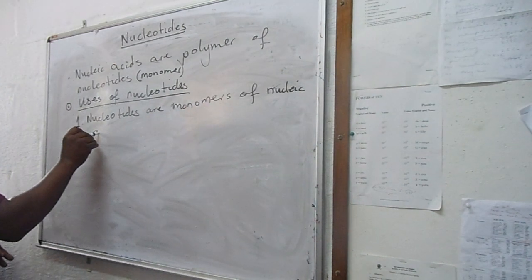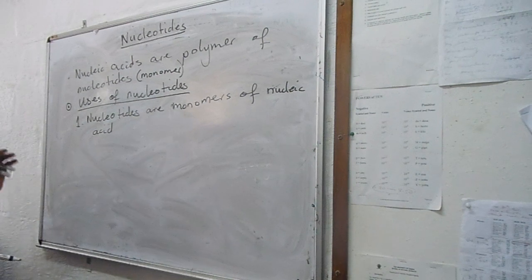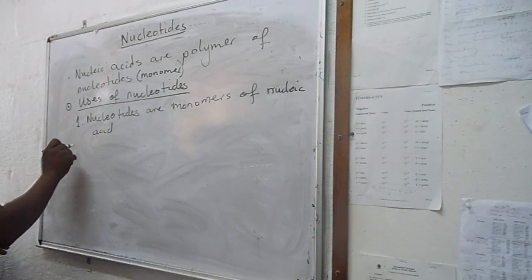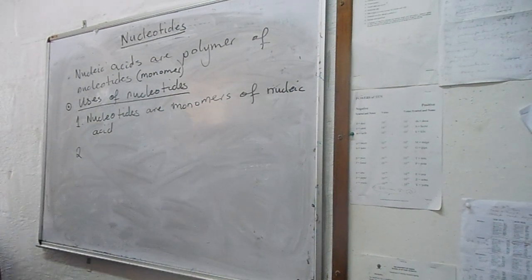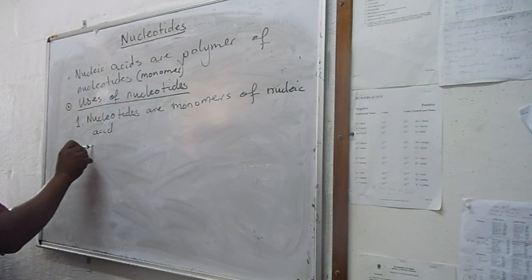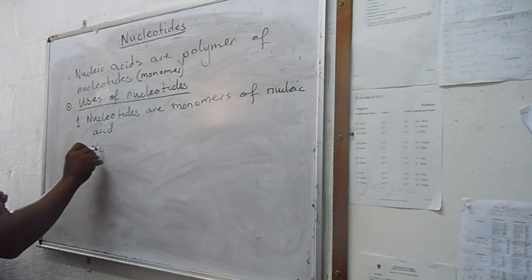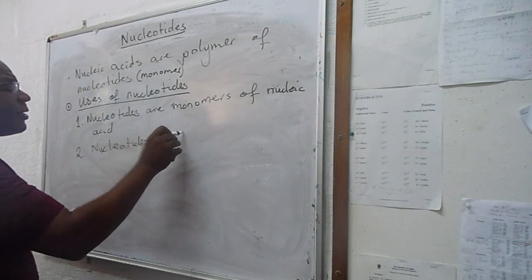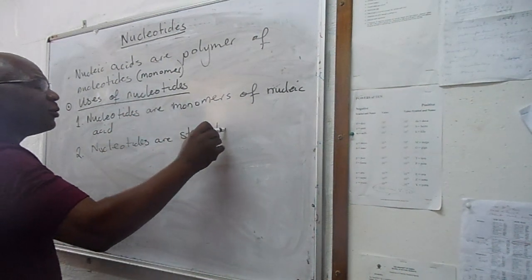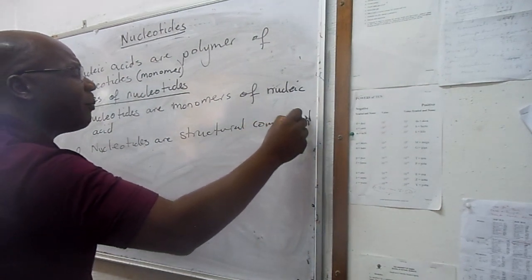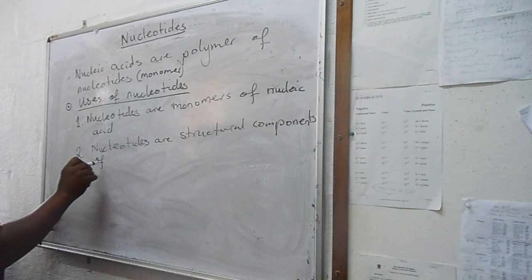So we use nucleotides to produce nucleic acids. I'll look at how this occurs just after this. Secondly, we can say that nucleotides are structural components of a lot of coenzymes.